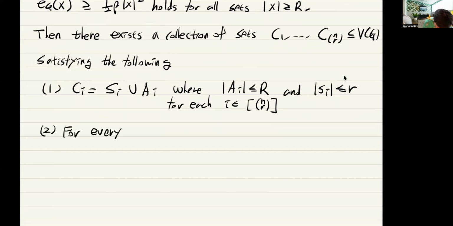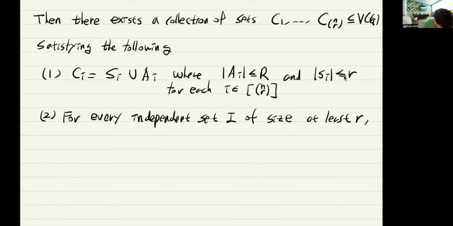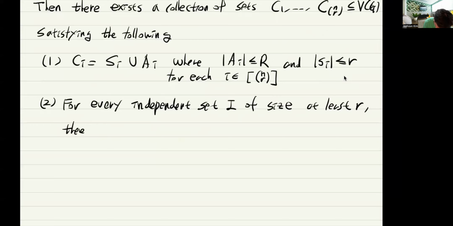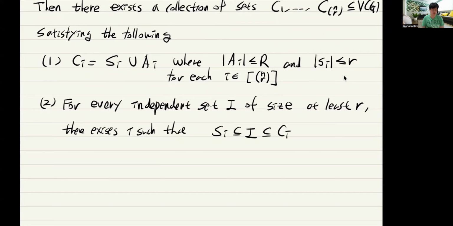And for every independent set I of size at least r, there exists i such that the independent set contains Si and is contained in Ci.